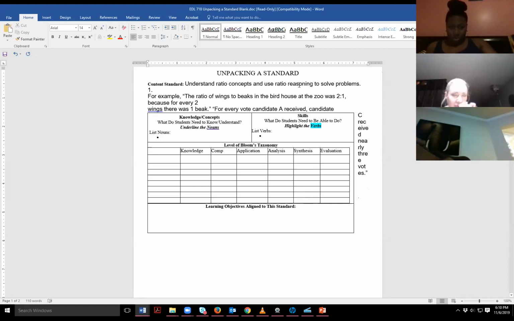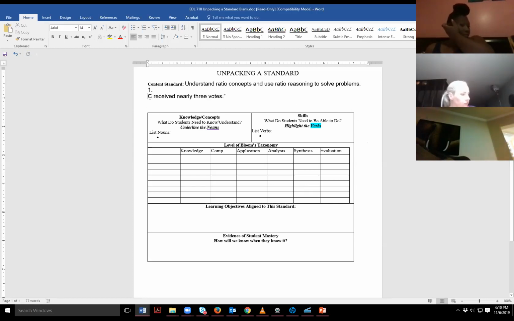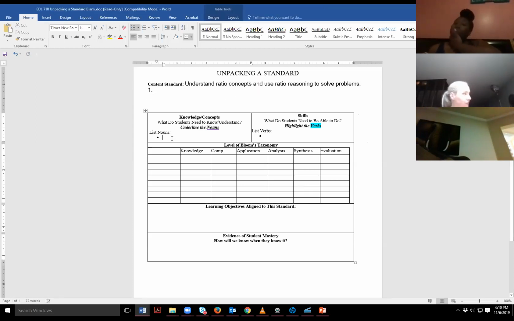Another one's going to be problems. And actually I'm going to take out the example just because it's really messy here. It's hard to read. So I'm just going to list those here: ratio, and problems. Okay, any other nouns I missed?